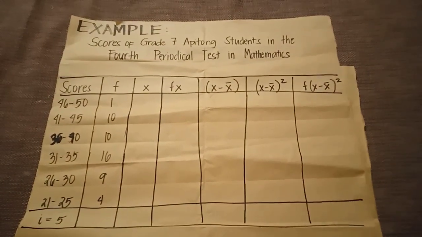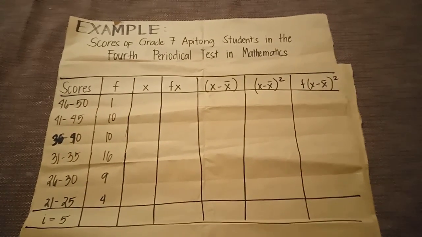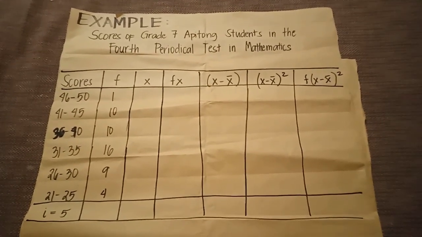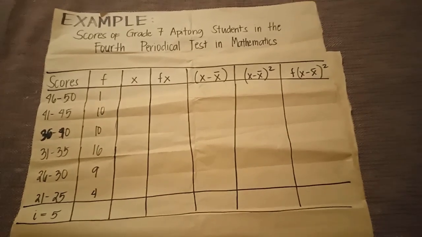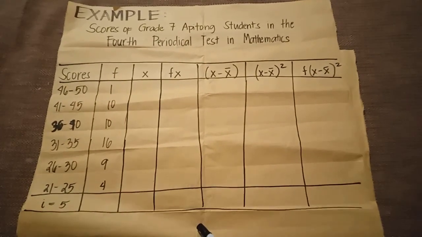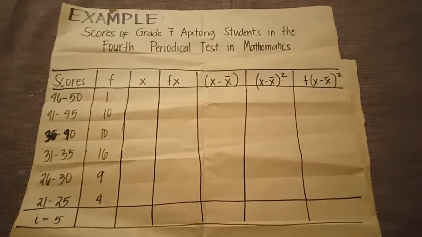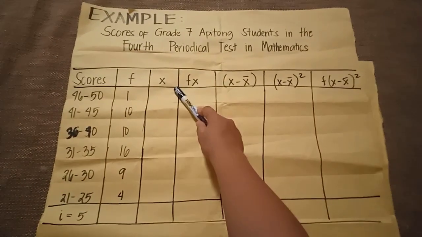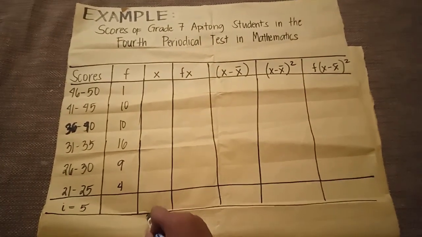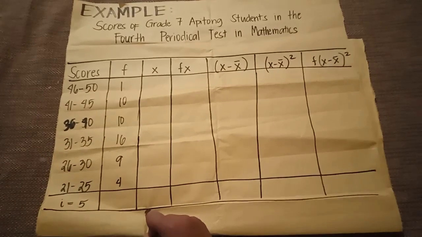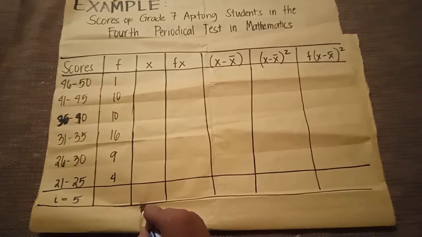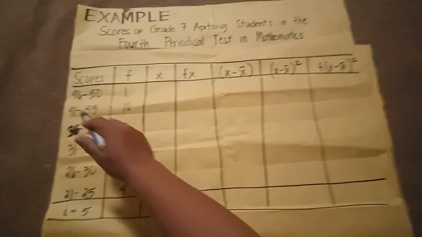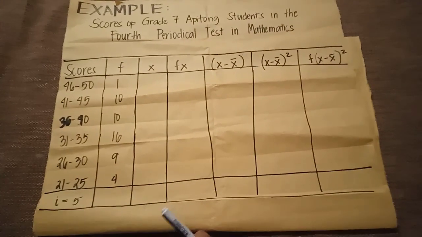For example, we have scores of Grade 7 Apitong students in the 4th periodical test in mathematics. Given the table, we are going to solve for the x. As we all know, x is the midpoint of our scores.